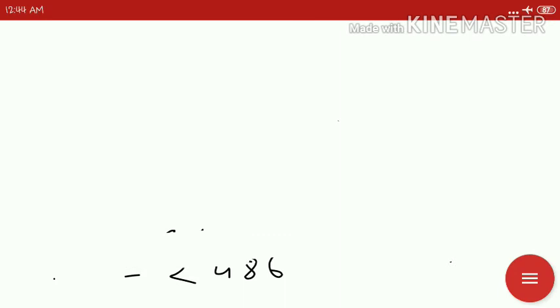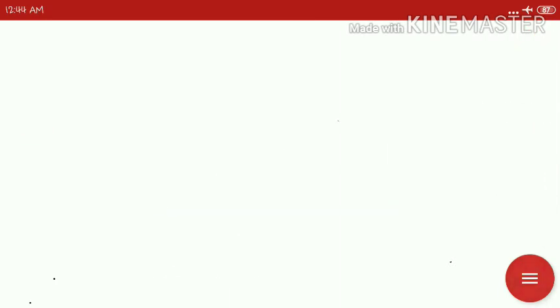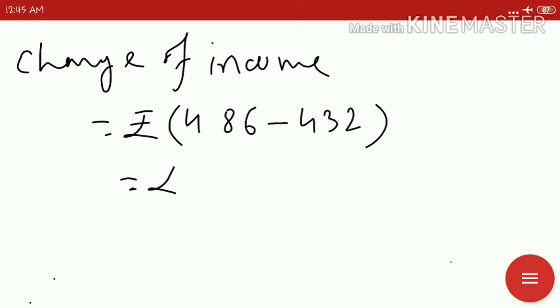So the change of income will be rupees 486 from the new one minus 432 from the previous one, that is rupees 54. This amount is going to change in his income.